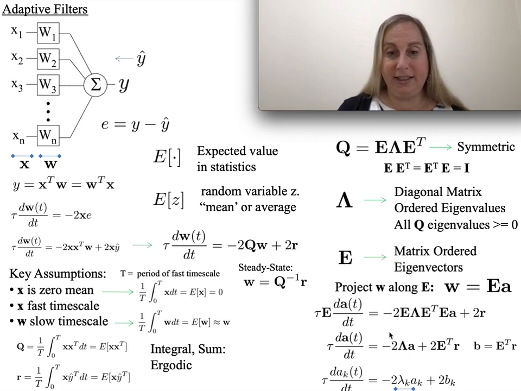And I can see that this is a nice structure where lambda is now diagonal. So each of these has its own lambda and its own time constant. And so now I can look at its trajectory and how it converges towards equilibrium. And each of these lambdas matter.